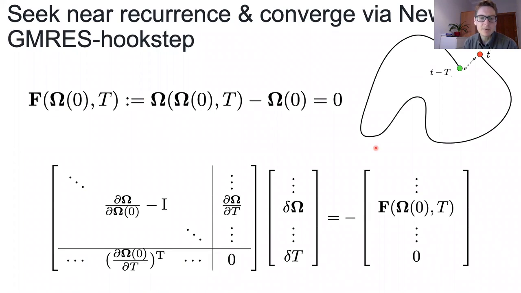Those end up being output and used as guesses for a second algorithm, the so-called Newton-GMRES-hookstep, which seeks to solve exactly the condition you see here, where omega is the state vector of your system: omega at some later time capital T minus the starting omega is equal to 0. This will be the exact recurrence.